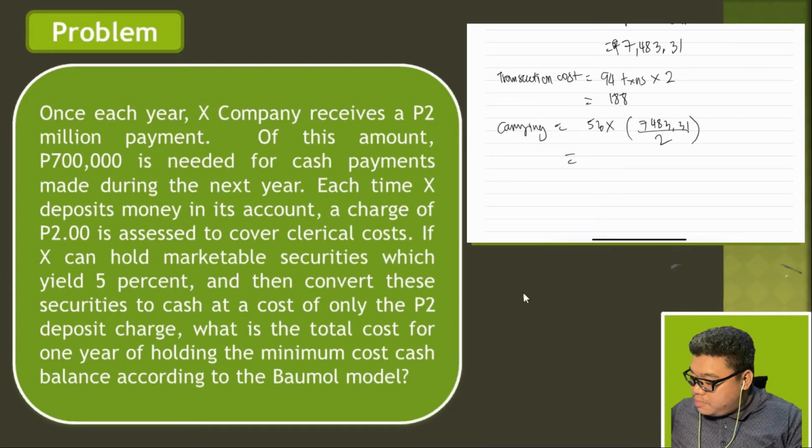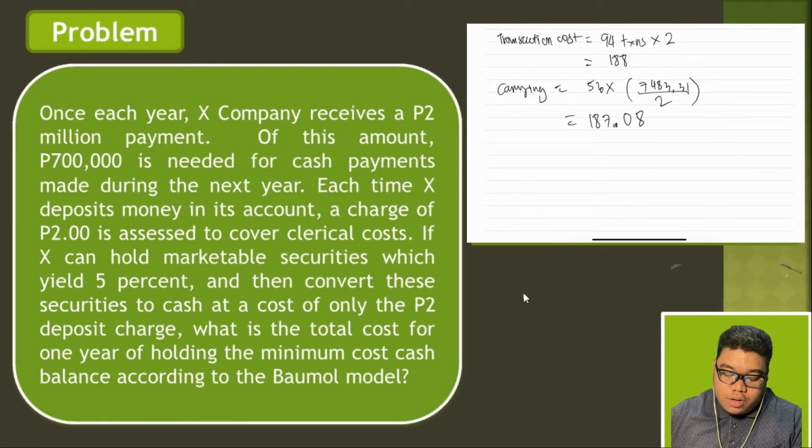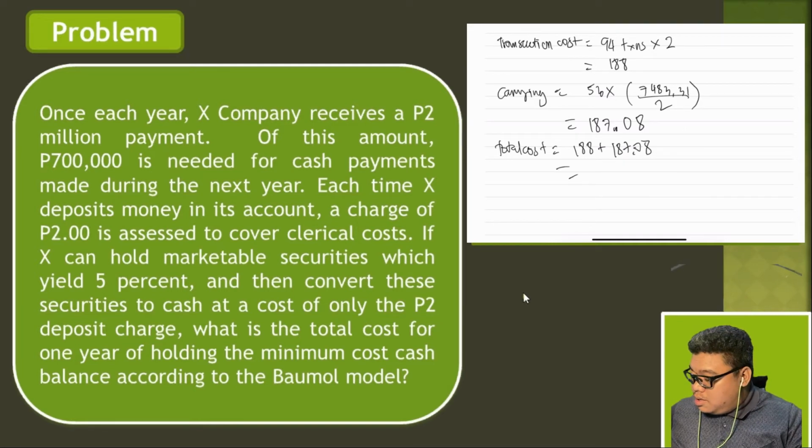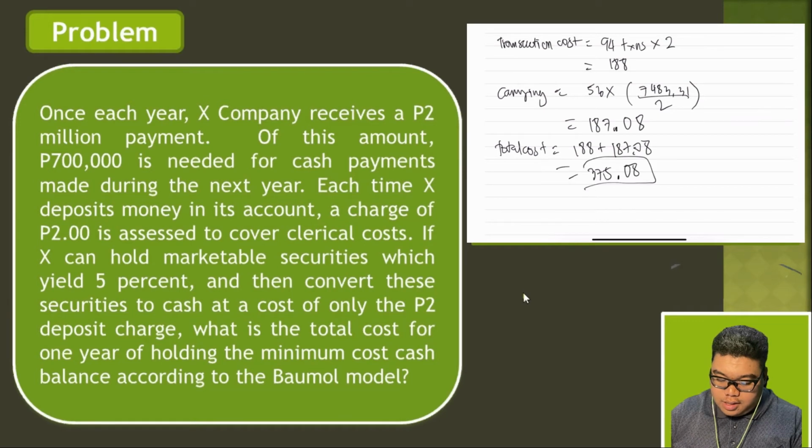So 7,483.31 divided by 2 multiplied by 5%, that is 187.08. So your total cost would be 188 plus 187.08, that is 375.08.